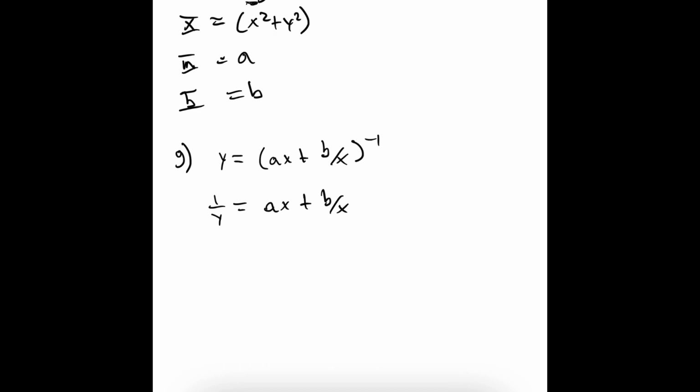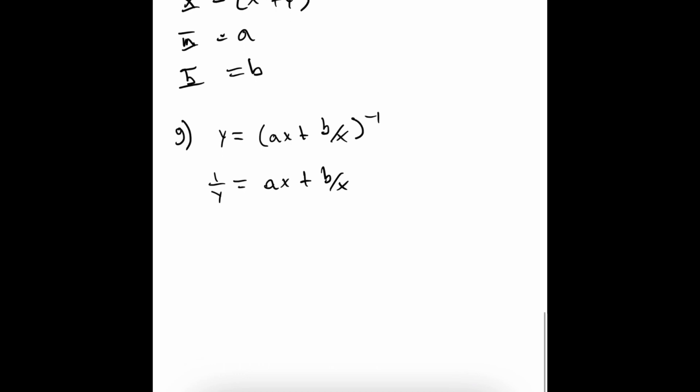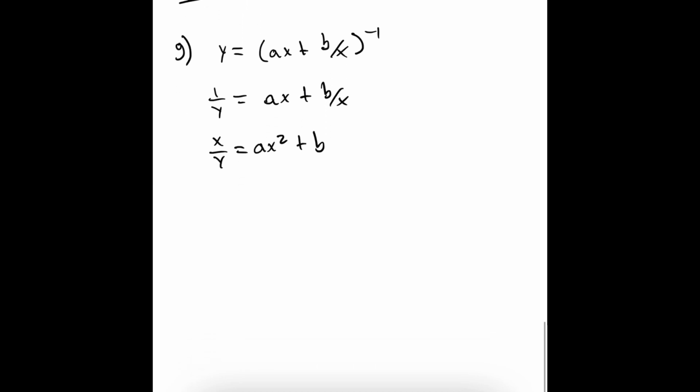Yeah, I like that a lot better. That looks a lot like a line right there. We could multiply by x, or we could just kind of take as is. Let's multiply the whole thing by x. So now we have xy equals ax squared plus b, and that looks a lot like a line. And we've just got one x term, one y term, and then a constant intercept off to the side. So that looks pretty good.